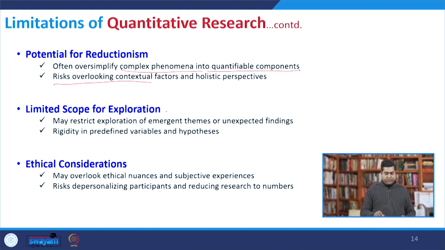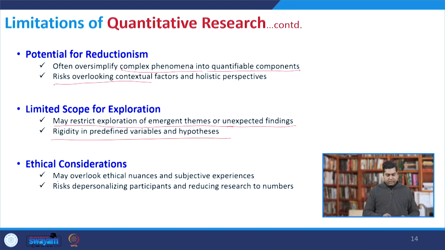Limited scope for exploration: it may restrict exploration of emergent themes or unexpected findings, because there are certain hypotheses, some predetermined aspect that we try to test. Rigidity in predefined variables and hypotheses.